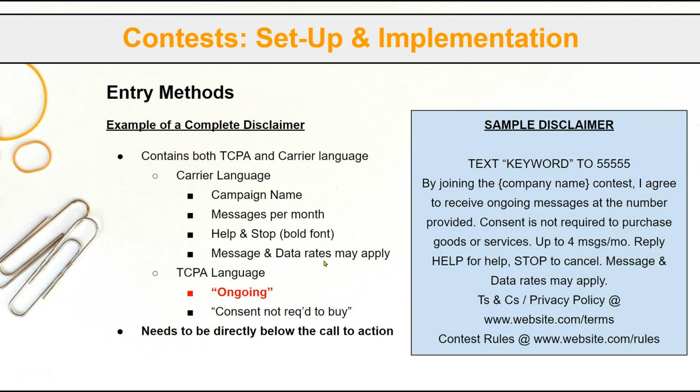Here is a good sample of what that disclaimer looks like, in reference to the company name, and they agree to receive ongoing messages at the mobile number provided. If you need additional references for this, you're going to find a lot of this in the knowledge base under mandatory required language for ongoing mobile programs.